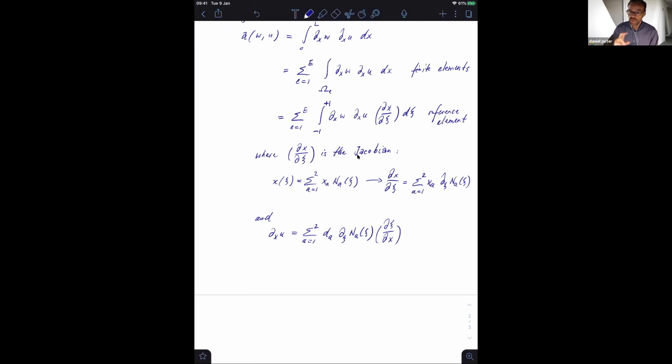And if the Jacobian doesn't exist or is not invertible, that means we have some issues with the meshing that we have. Because there is no mapping possible from reference to physical and from physical to reference domain.